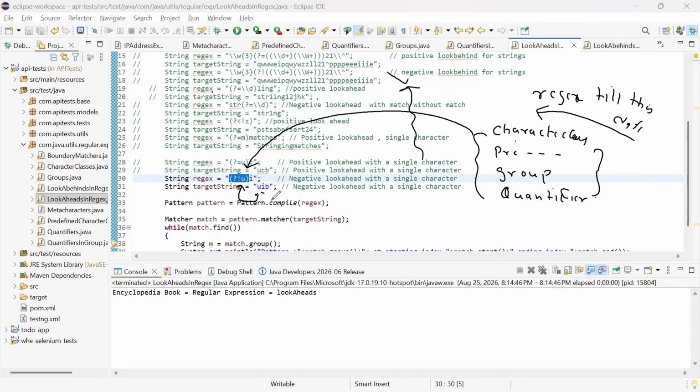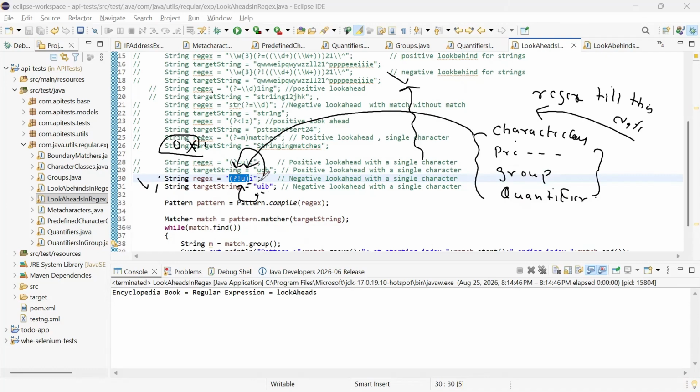It will move ahead, and I is not equal to U, so the condition is satisfied. Then this I is matched with the next character.